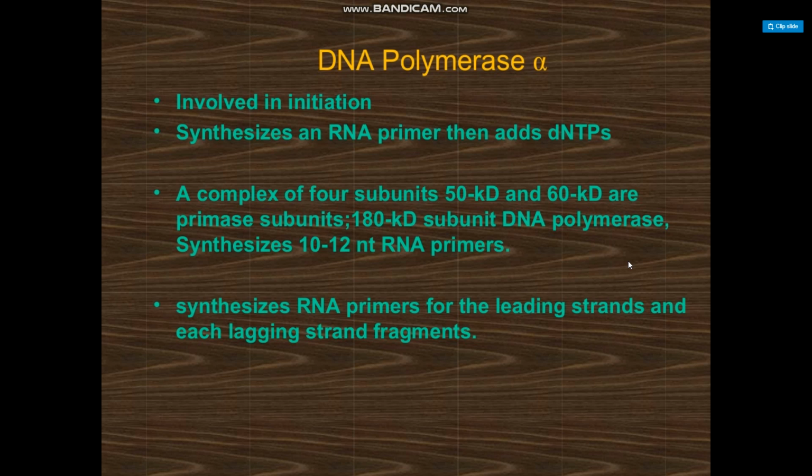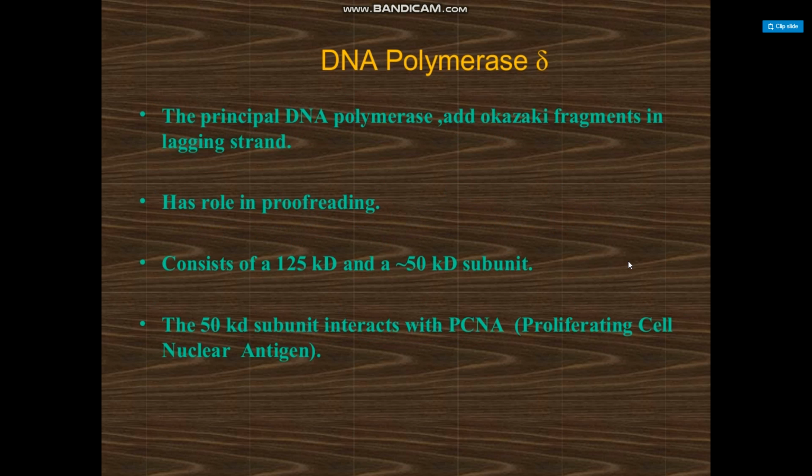It synthesizes the RNA primer for the leading strand and for each lagging strand fragment. Next, DNA polymerase delta is the principal DNA polymerase and adds Okazaki fragments on the lagging strand; it also has a role in proofreading.